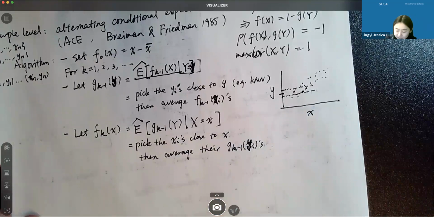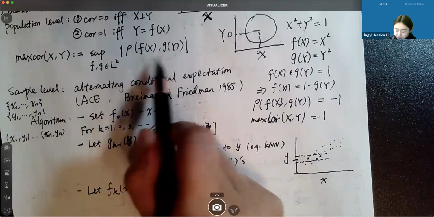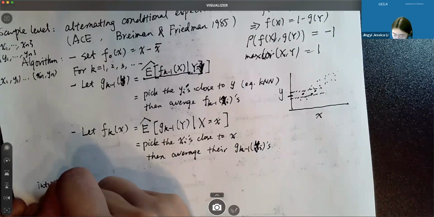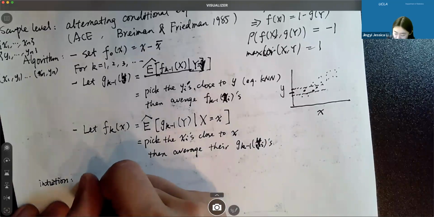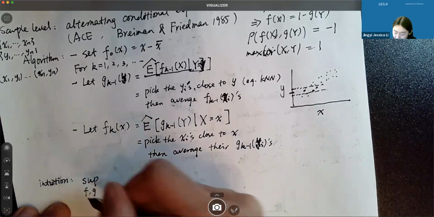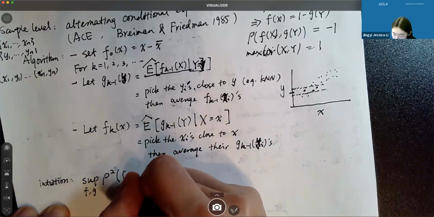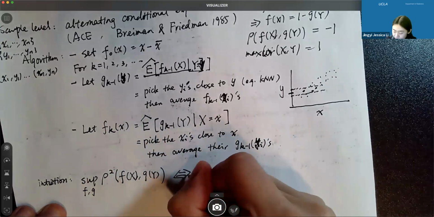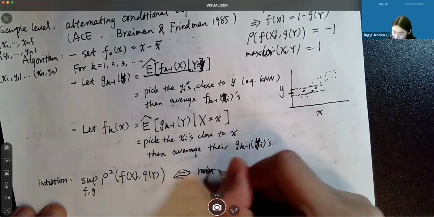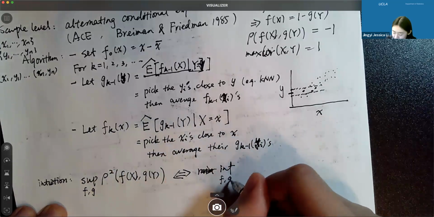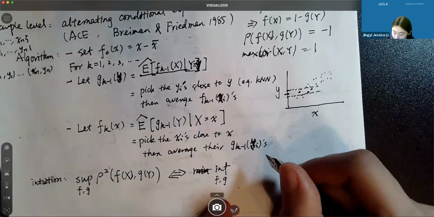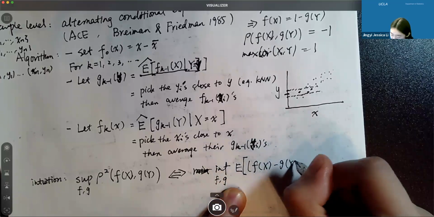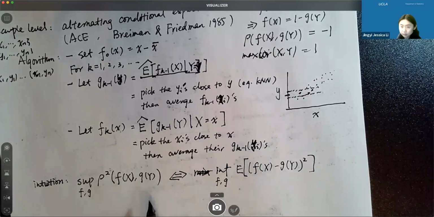This algorithm changes the problem of finding the maximum of the squared Pearson correlation of f(x) and g(y) into minimizing the squared loss, the expectation of f(x) minus g(y), squared. So they found an equivalence between these two approaches.